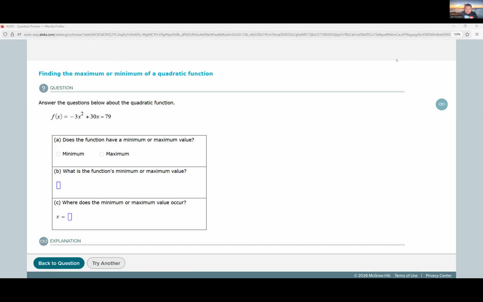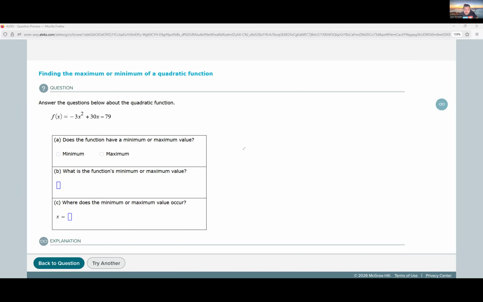Okay. So this one's pretty easy, so we're not going to work it out on paper. If they ask you about maximums and minimums, remember that just means the vertex. I mean, it's always going to happen at a vertex. So if the parabola's opening down, like an upside down U, then you have a max because you have a peak, right?